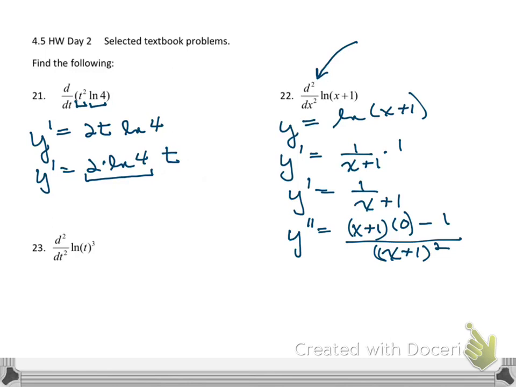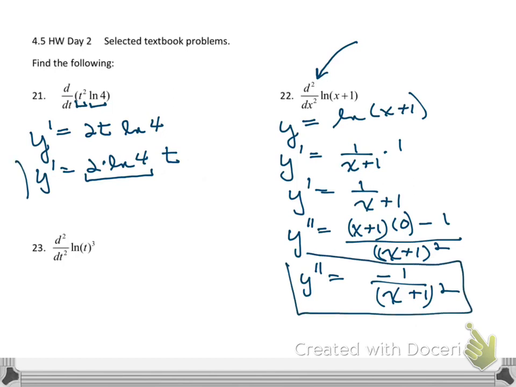Okay, so your answer, carefully, because you can easily lose that negative sign, is just that. Okay, so that one's done. We've got 22 done. Okay, let's go to another one.